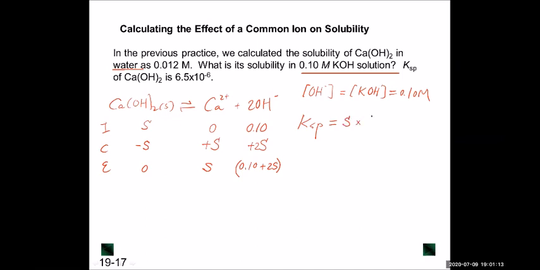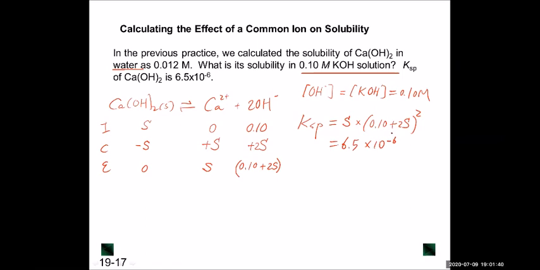Hydroxide is 0.10 plus 2S. The hydroxide coefficient 2 becomes the power. The QSP should equal that, and the KSP has a value which is 6.5 times 10 to the negative 6.